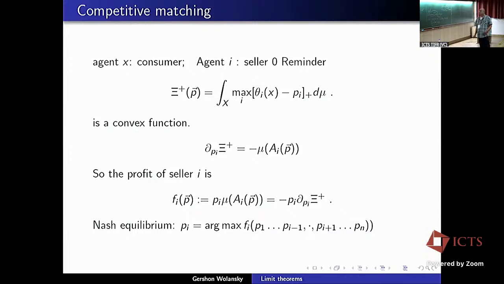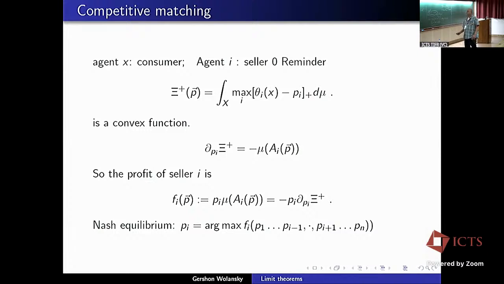So what is the profit of the seller I? The profit of the seller I is the amount that he sells, which is mu of the set AIP, the set of its clients, the number of its clients, times the price he charged. So this is just minus PI times the subgradient of zeta.